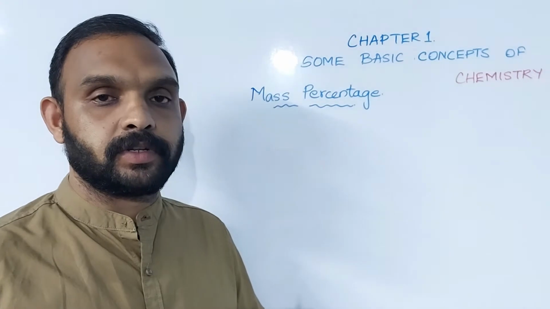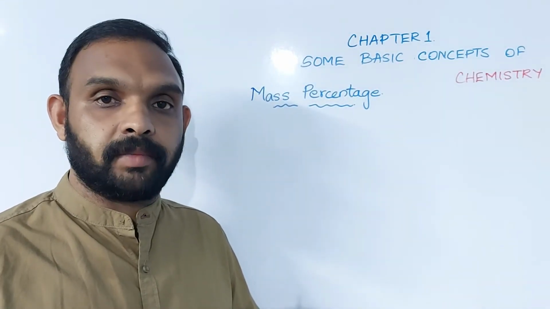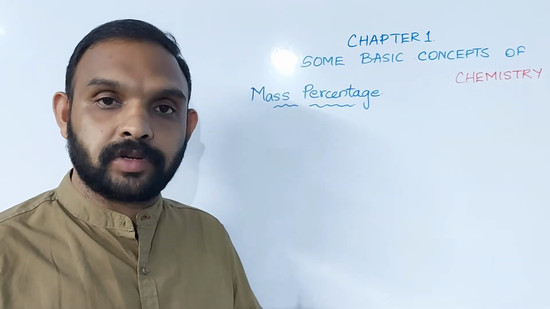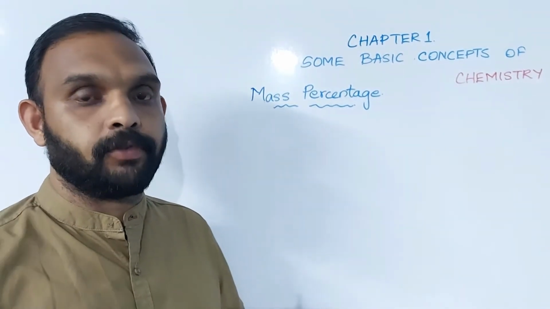What is mass percent? Mass percent gives us the mass of each element expressed as a percentage of the total mass of the compound. We can write a formula for it.